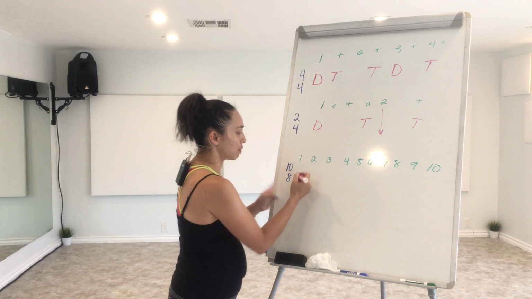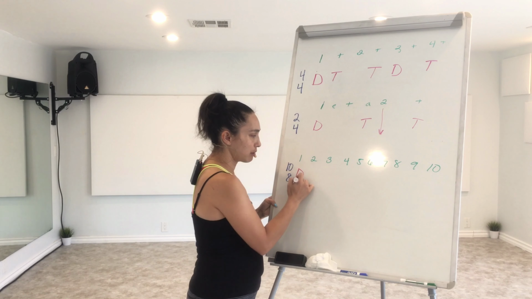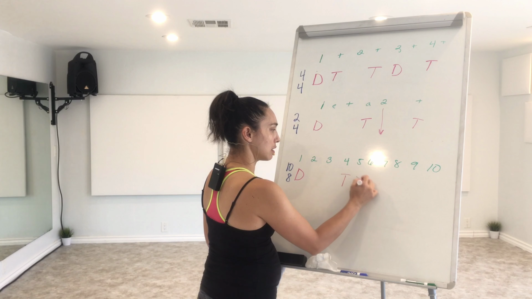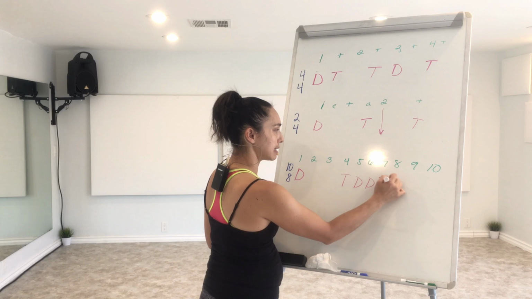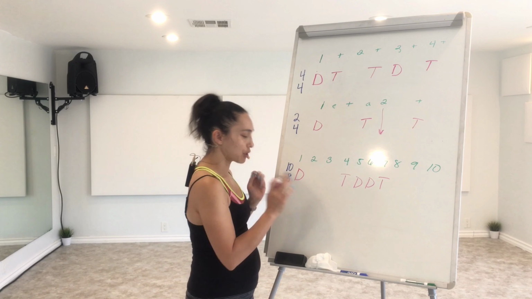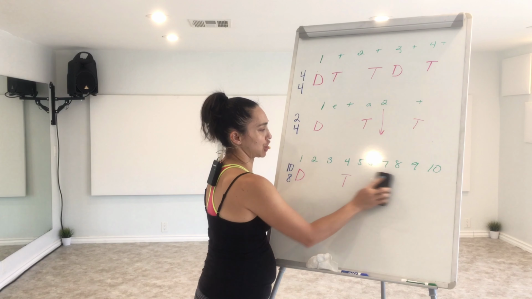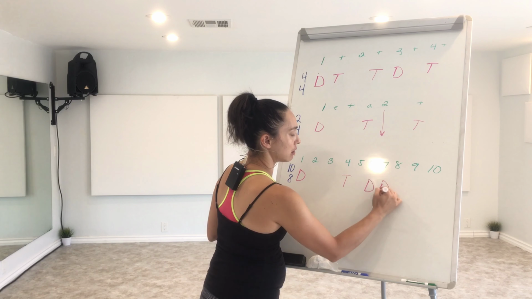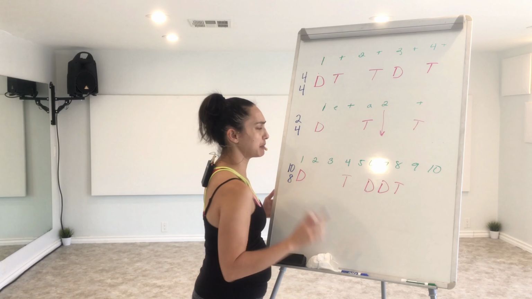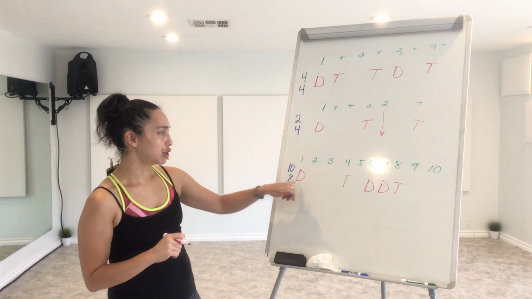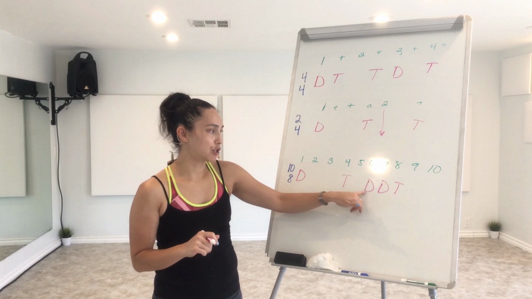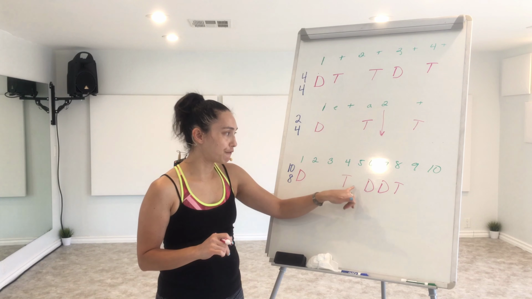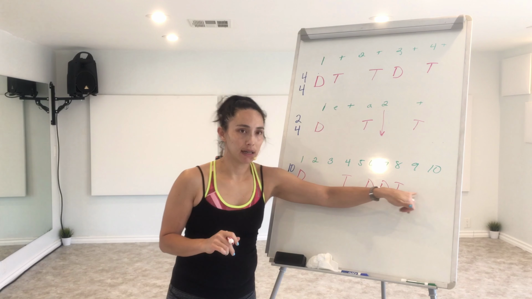Okay, so this one, doom on one, tek, doom, doom, tek. So, I'm sorry, that's not correct. We hold it on. I was like, there's only supposed to be two at the end. So, doom, tek, and doom, doom, tek. Doom, 2, 3, tek, 5. Doom, doom, tek, 9, 10.